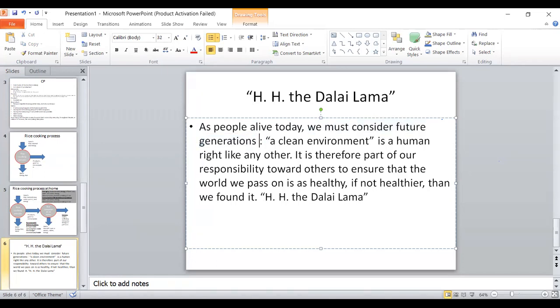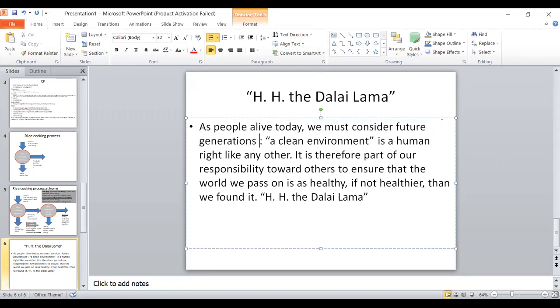It's our responsibility one way, our duty one way, our moral aspect. We should not only think of our turn, we should think of the future as well.